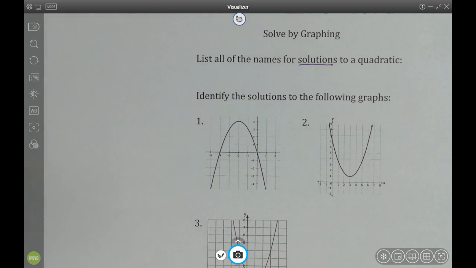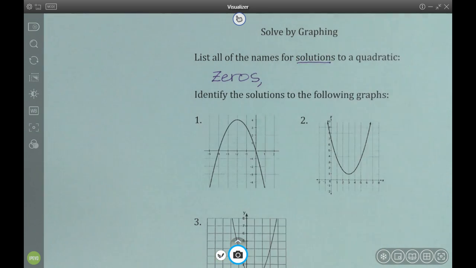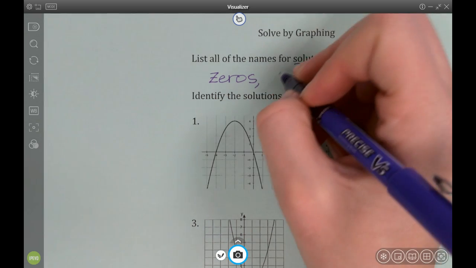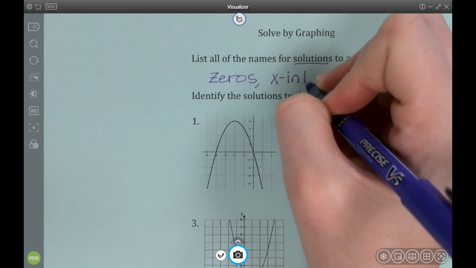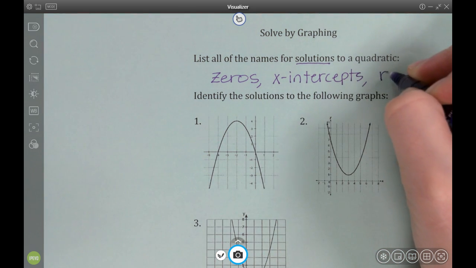Zeros. X-intercepts. And then the other one is roots.